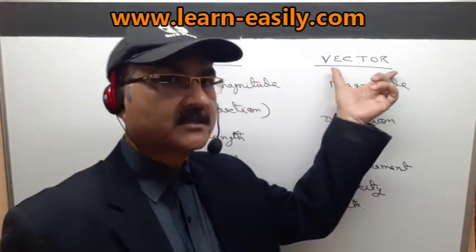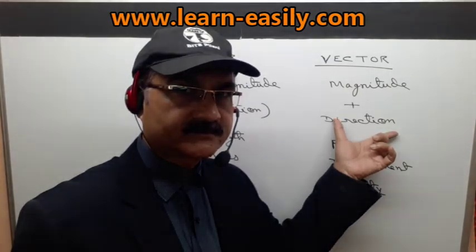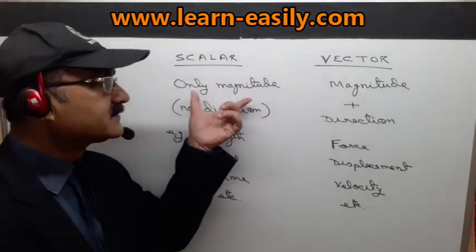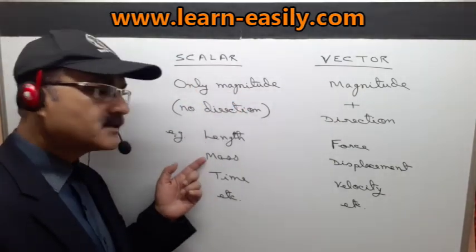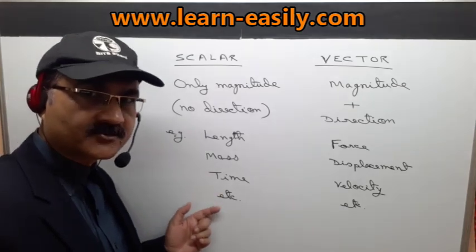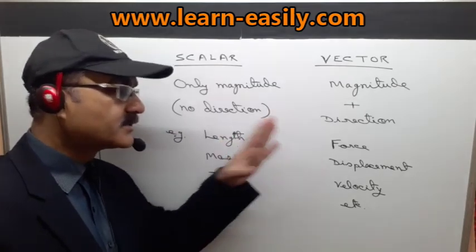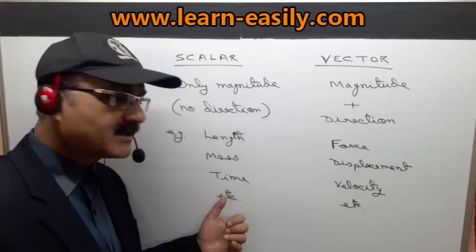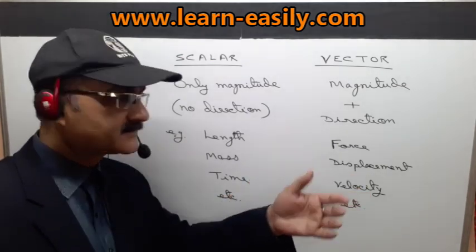The vector quantities have both magnitude and direction. Okay? Now examples of scalar quantities are length, mass, time, etc. You see, they only have a magnitude: 2 meters, 3 meters, mass 5 kg, 10 kg, time 10 seconds, 1 hour, 15 minutes, like that.